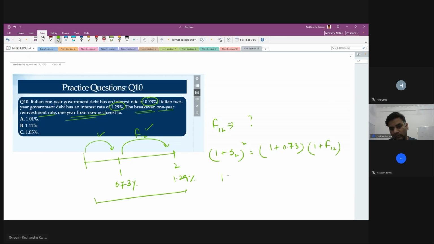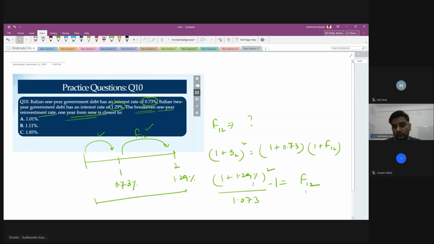So (1 plus 1.29%) squared, which is the 2 year, divided by 1.0073, minus 1 is equal to F12. If you solve it, you will get the answer.